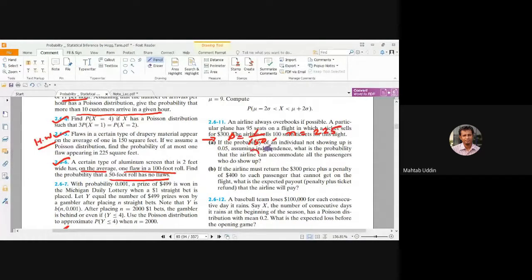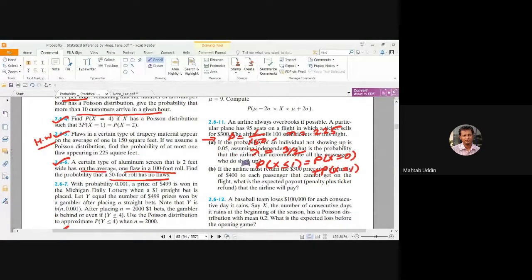So lambda will be 3 by 2. This is for 5. Put these in and you'll get f(x), and they ask for at most 1. At most 1 means x less than or equal to 1. So you have to find x equal to 0 and x equal to 1.